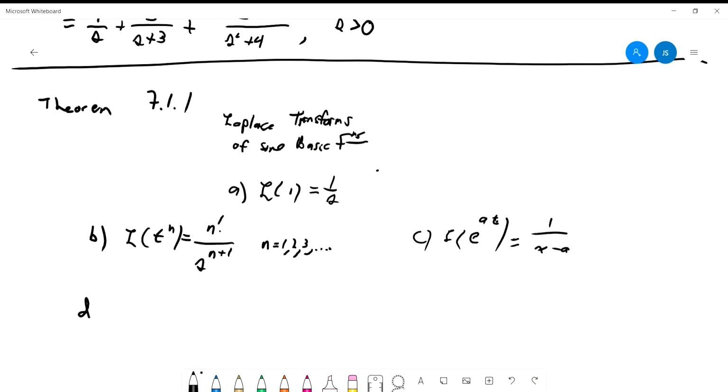D, the Laplace transform of sine of kt is equal to k over s squared plus k squared.